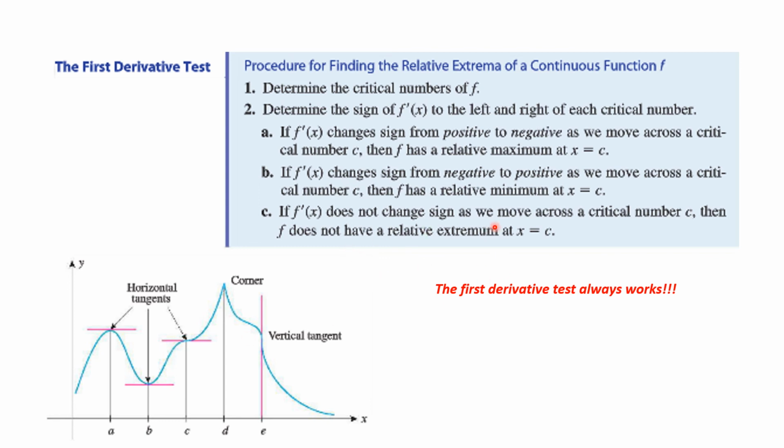And if it doesn't change sign, and that's an example here, we have a positive slope and another positive slope, it is neither. The first derivative test always works. It never fails. And we'll contrast this to the second derivative test in a future lecture.